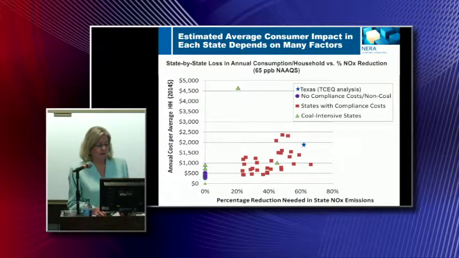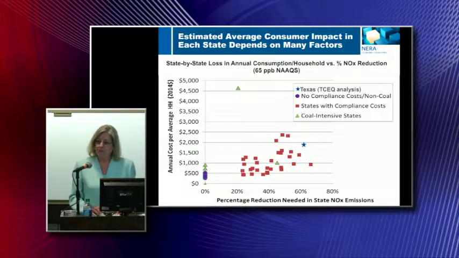For the most part, the purple ones run in the range of $250 to $300 per household average. But you see a few of them that rise above that, the little green triangles. Those are states that have a lot of coal output, and their economies depend on continuing to sell coal.